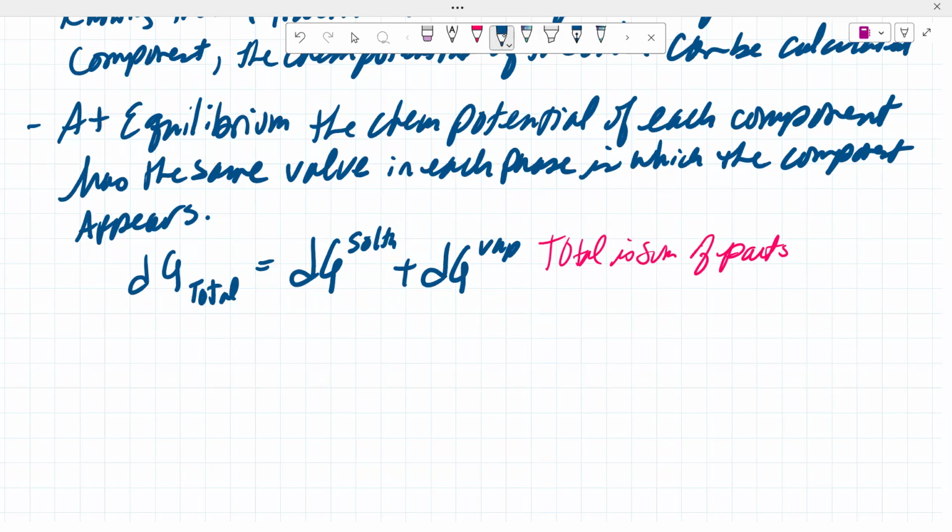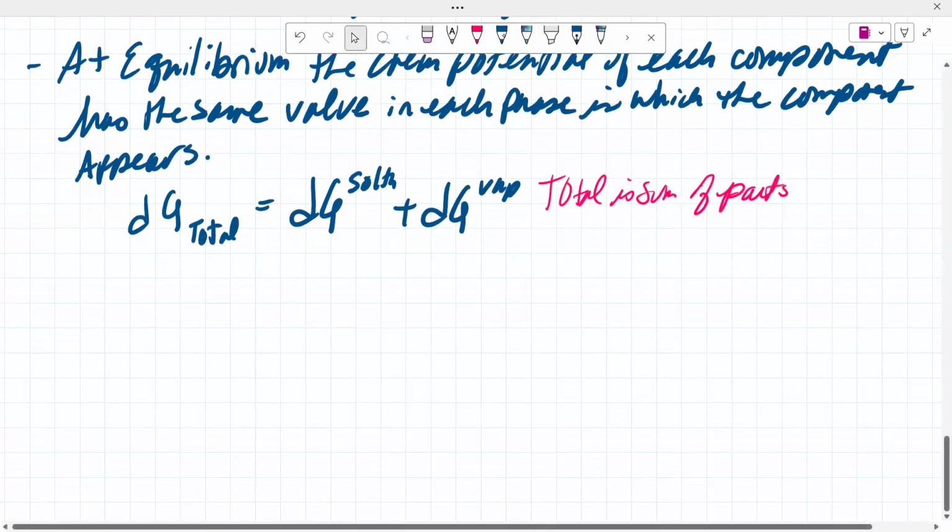So we could rewrite this in terms of the chemical potential. This is kind of familiar from the previous chapter.